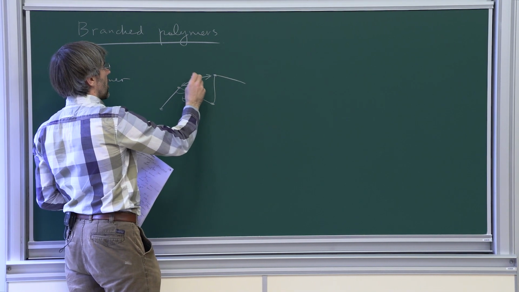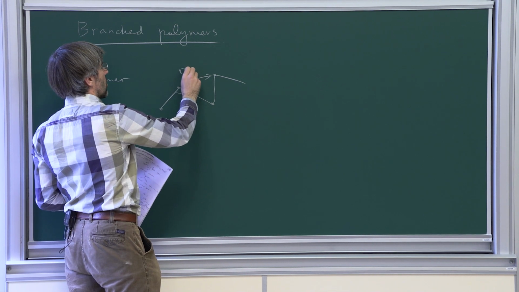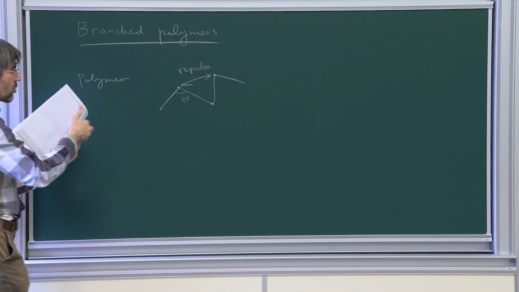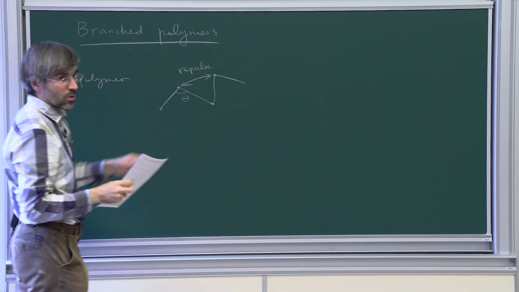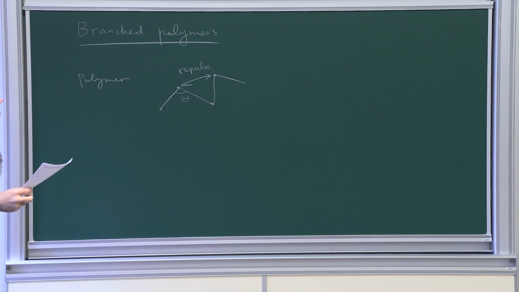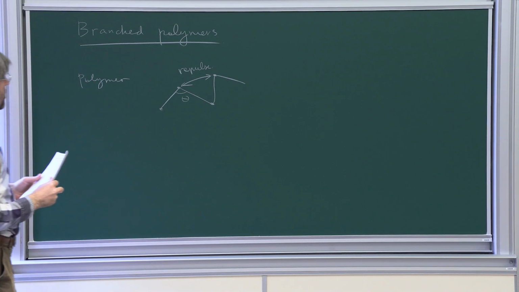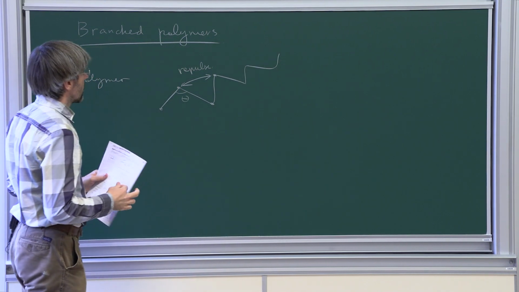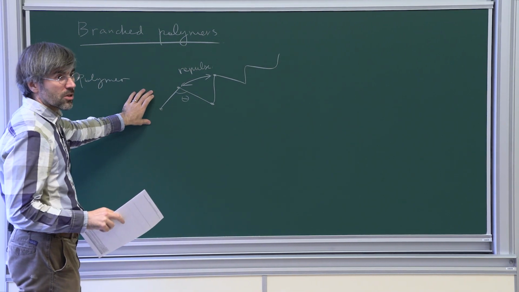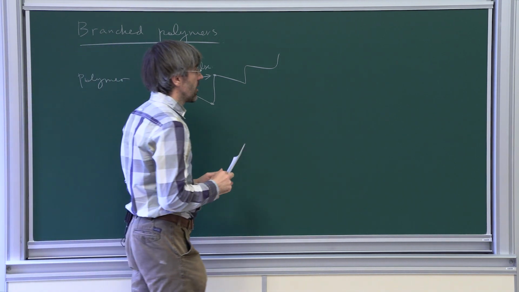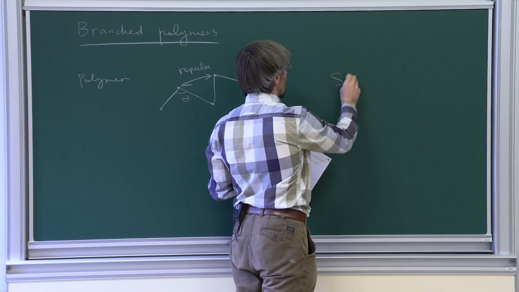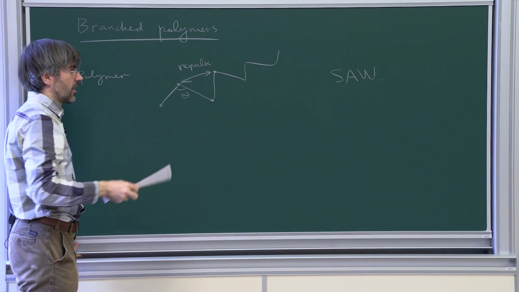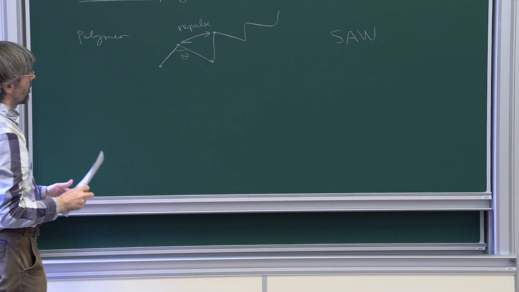There is some repulsive potential which does not allow the polymer to collapse, to glue together, two different vertices to come close to each other. So there's some repulsion. This means that if you go to the continuum limit, then the statistics of these polymers is the same as in mathematics an object which is called self-avoiding walk. So normal polymers are analogous to the self-avoiding walk.